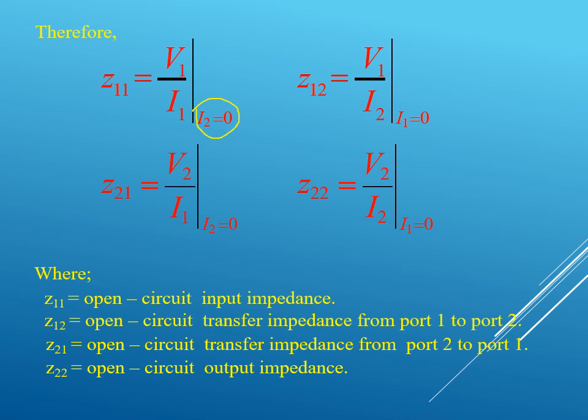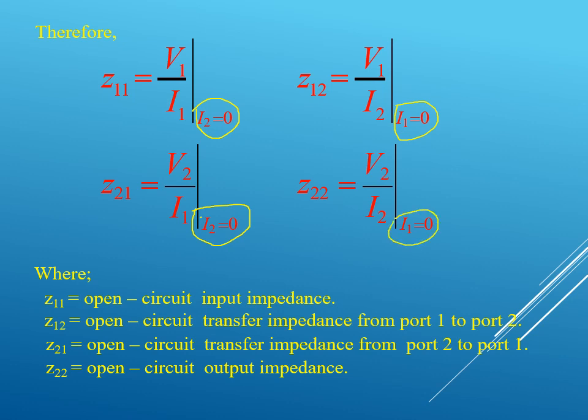Now in order to determine Z12 we have to open the input port, that is we have to make I1 equal to 0, so that Z12 becomes the ratio of V1 and I2. Similarly, Z21 is equal to V2 upon I1, meaning output voltage upon input current when the output port is open circuited, and Z22 is the ratio of output voltage to output current when the input port is open circuited.